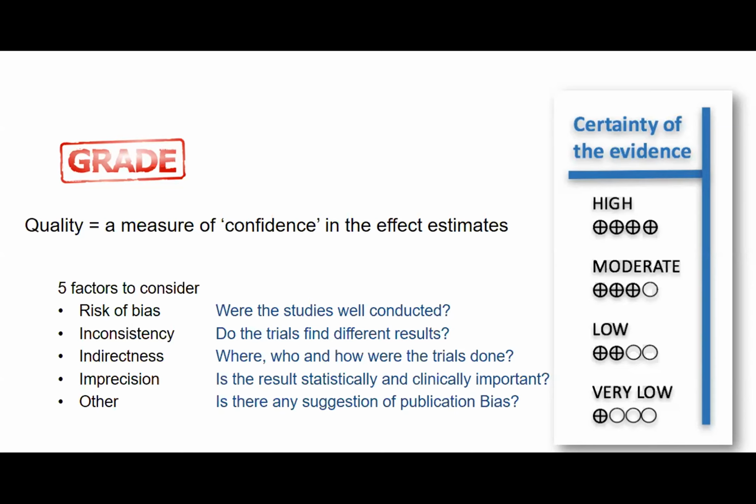So some reviews have already been completed on hydroxychloroquine, and before the randomized control trials came out, the level of certainty of evidence was assessed as being very low. With the trials now, those reviews will be updated, and I'm sure the certainty of the evidence will be higher.